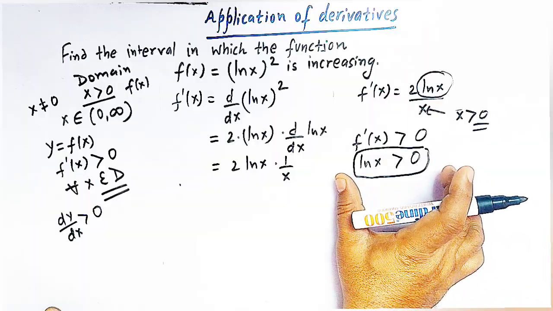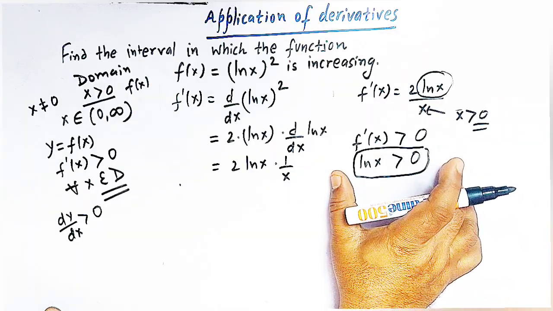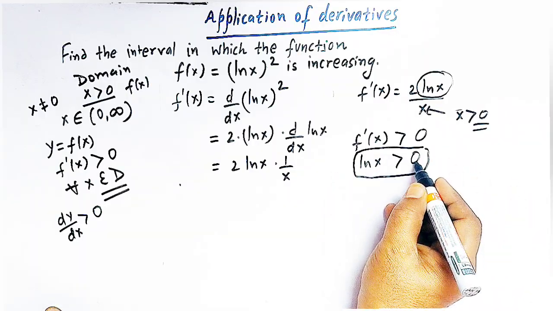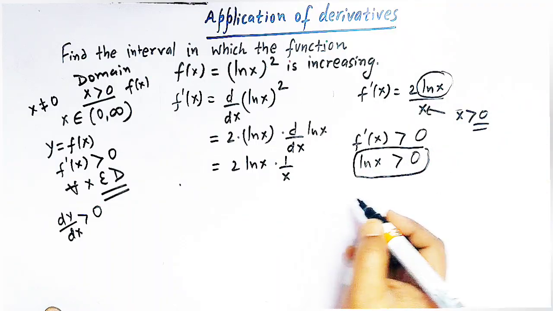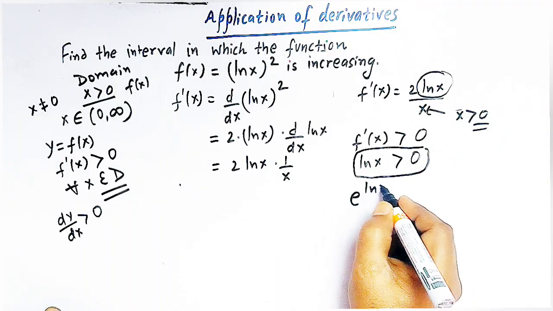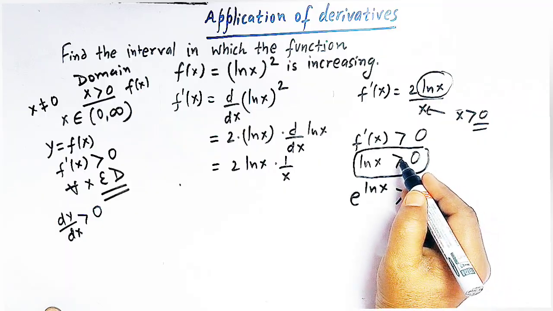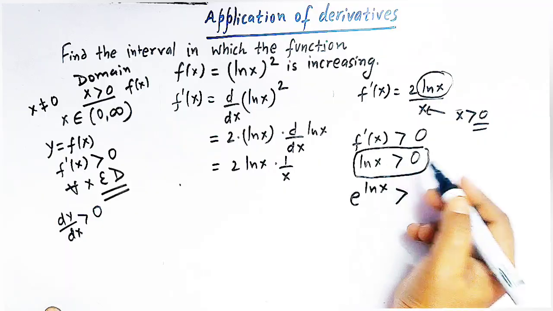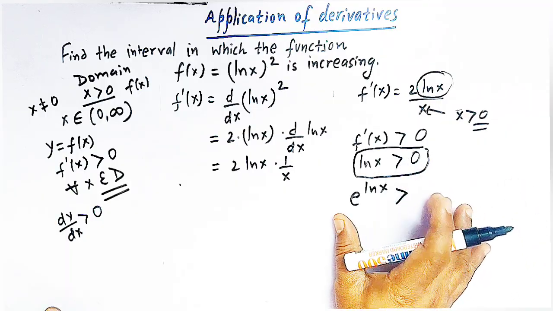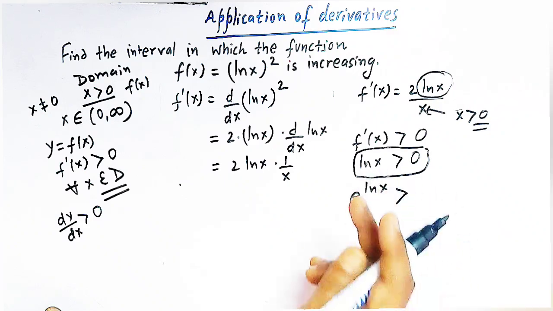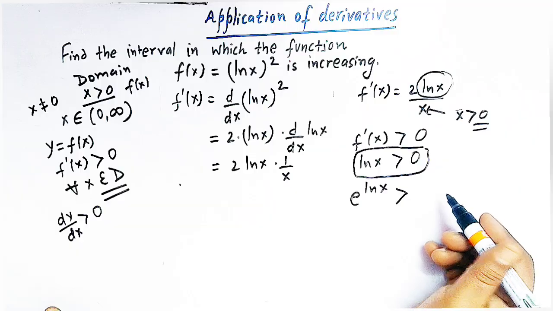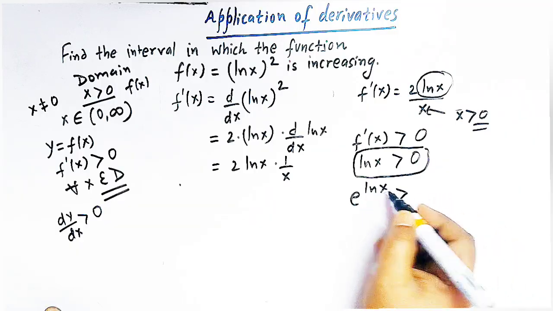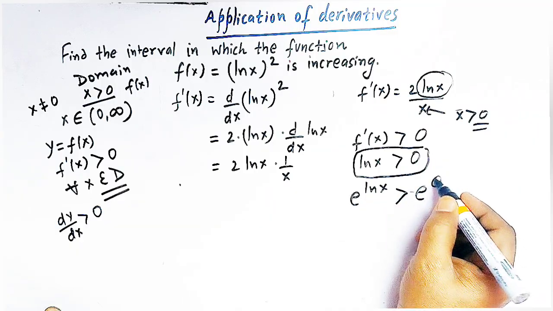To solve this inequality, we will raise e to the power of both these quantities. So we can write e raised to natural log of x, and the direction of the inequality remains the same because e raised to a power is an increasing function. So e raised to natural log of x is greater than e raised to 0.